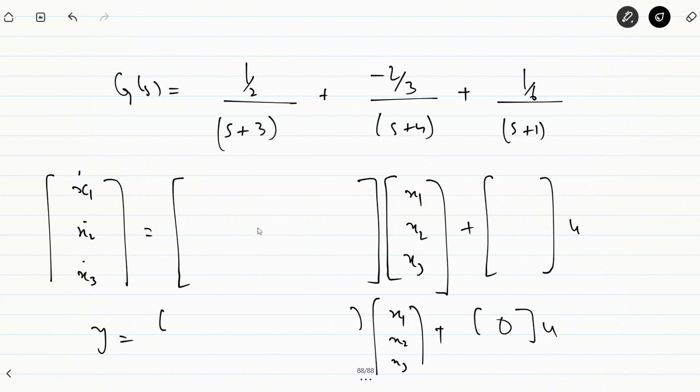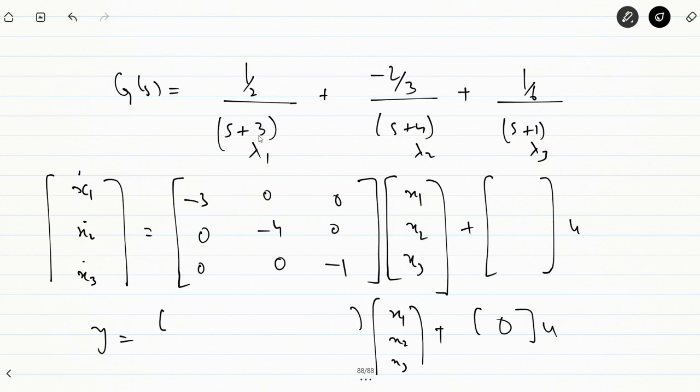This will be filled by the lambdas, lambda 1, lambda 2, lambda 3. But lambda 1, lambda 2, lambda 3 are actually the negative of the terms here. तो ये minus 3 है, minus 4 है, minus 1 है, बाकी सारी टर्म्स इसमें ज़ीरो हैं.